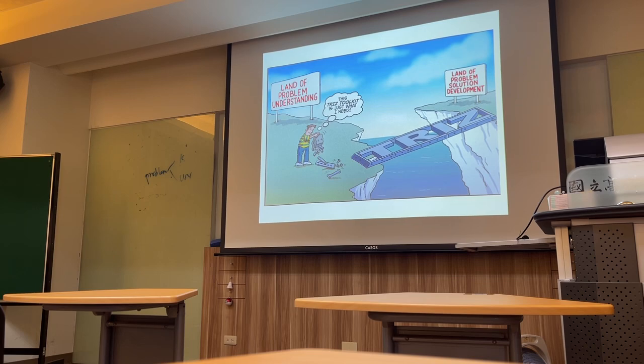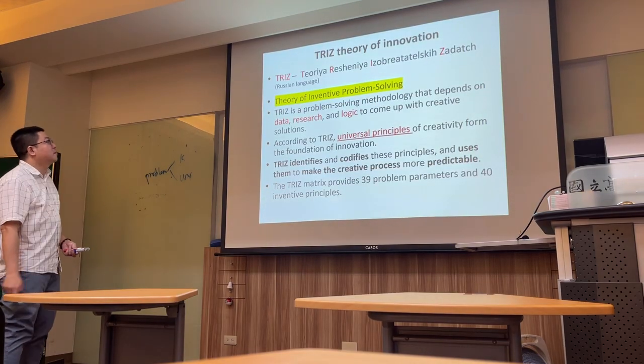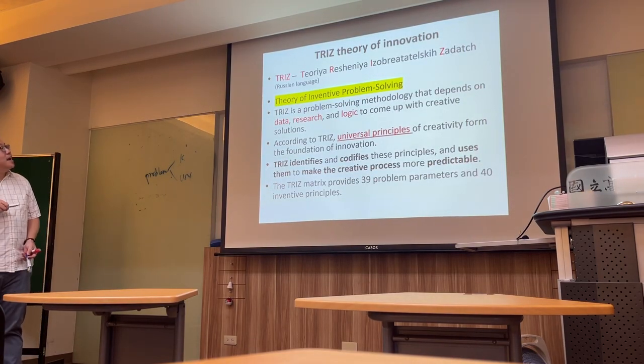So the first perception about TRIZ theory is that it's a tool or one technique or one approach that helps you to find the solution for the problem you are facing. It depends on data, research, and logic.